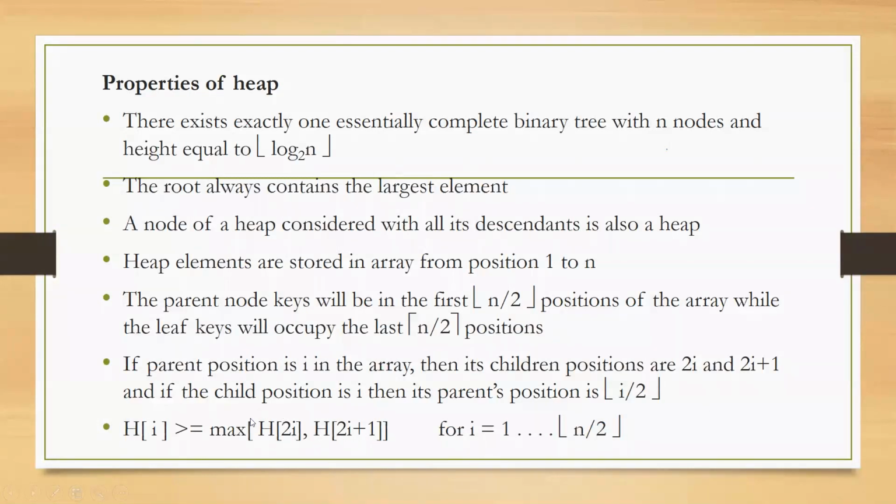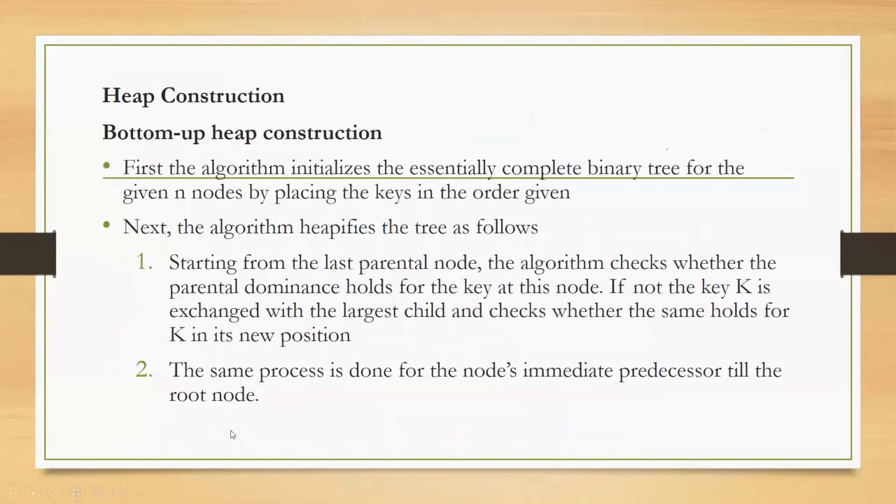The parent value will always be greater than or equal to the maximum of the left child and the right child. That is the property of the heap. Let us now see the method of heap construction.